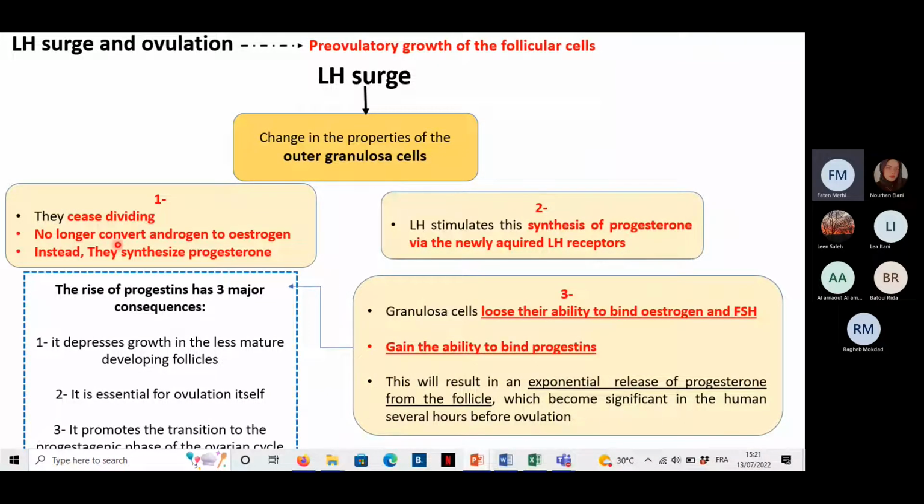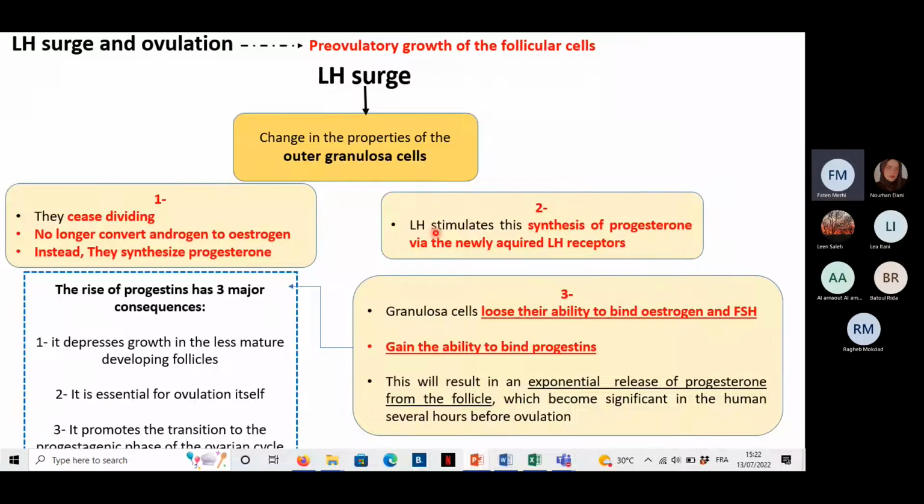They no longer convert the androgens to estrogen, but they will start synthesizing progesterone. So we no longer have any production of estrogens by the granulosa cells, but those cells will start to synthesize progesterone.